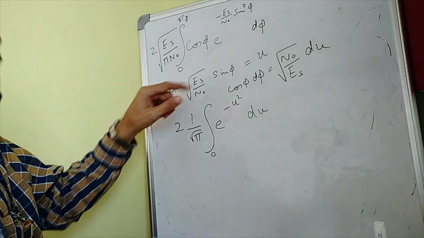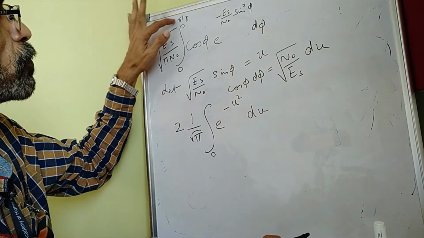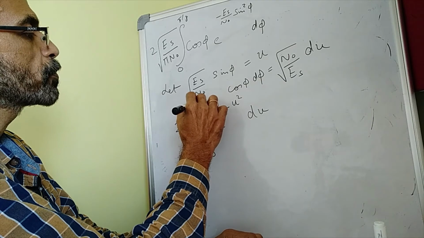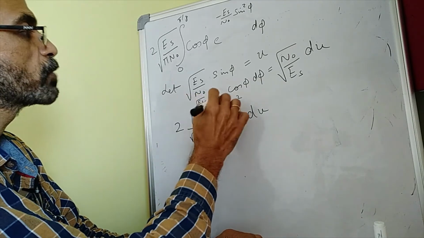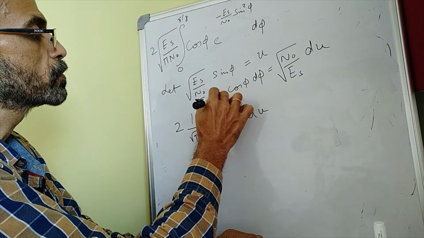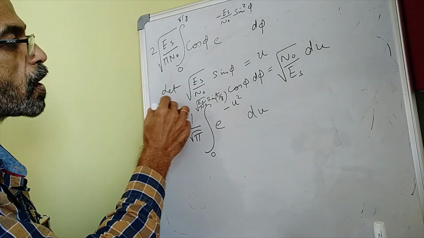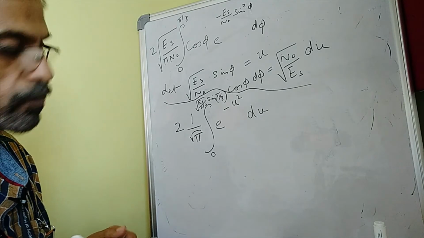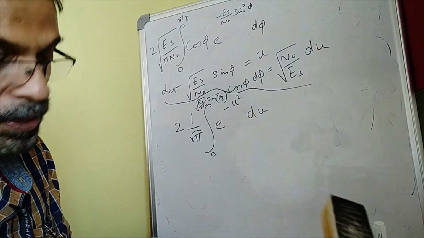So when phi is 0, u becomes 0 because sine 0 is 0. When phi is pi/8, u becomes square root of Es/N0 sine pi/8. If we evaluate this, we'll get the probability of the symbol S naught t being detected correctly.